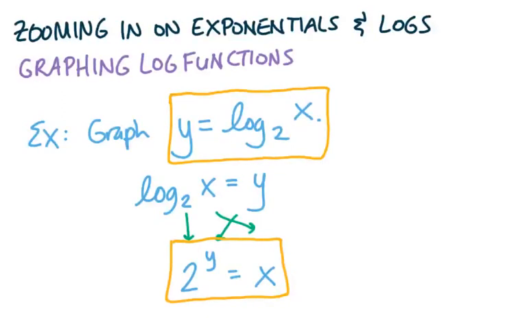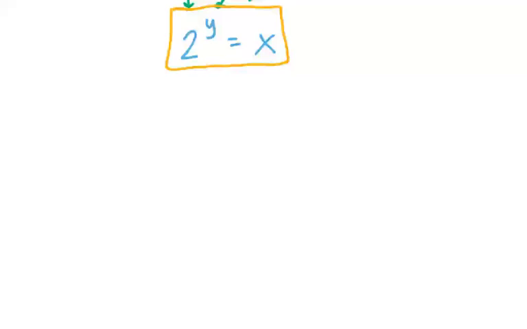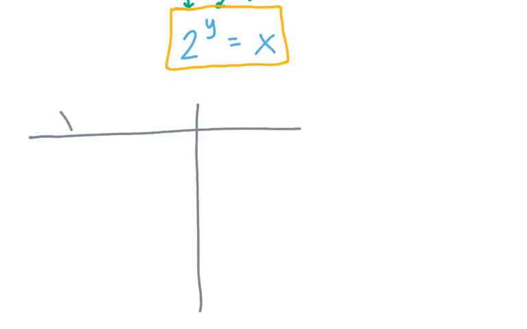So the interesting thing about graphing logs, probably the connection most missed, is unlike graphing exponentials and all other functions we've really done so far, I'm going to actually be choosing my y's and finding my x's, and that's going to feel a little different to us. So I'm actually going to be choosing my y's.